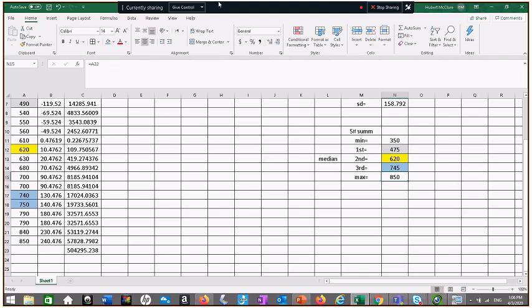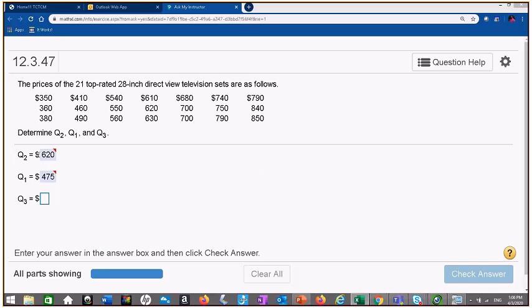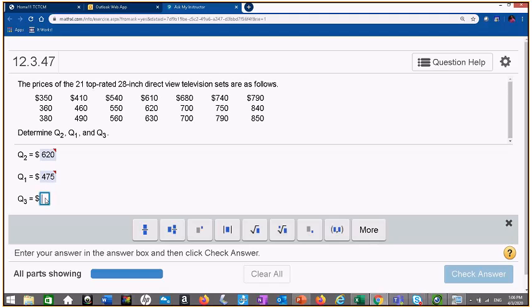So let's go back to the question. All right, 620, we got that right. 475, we got that right. The third quartile should be 745.